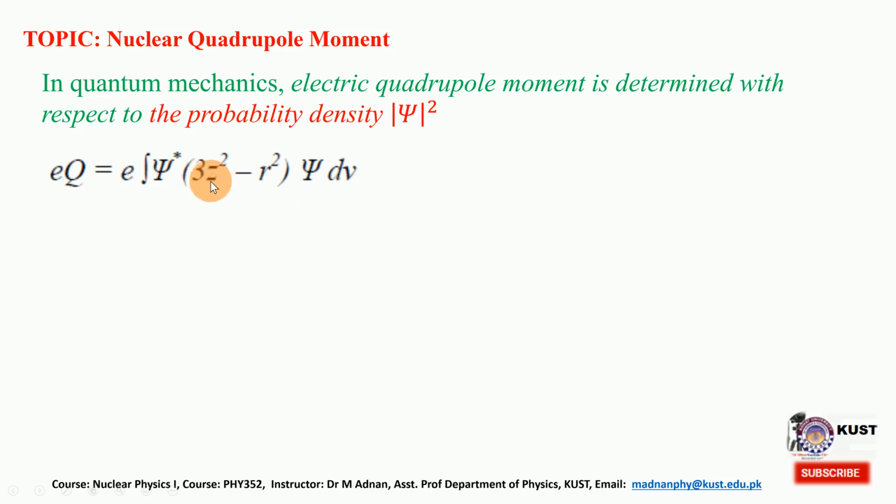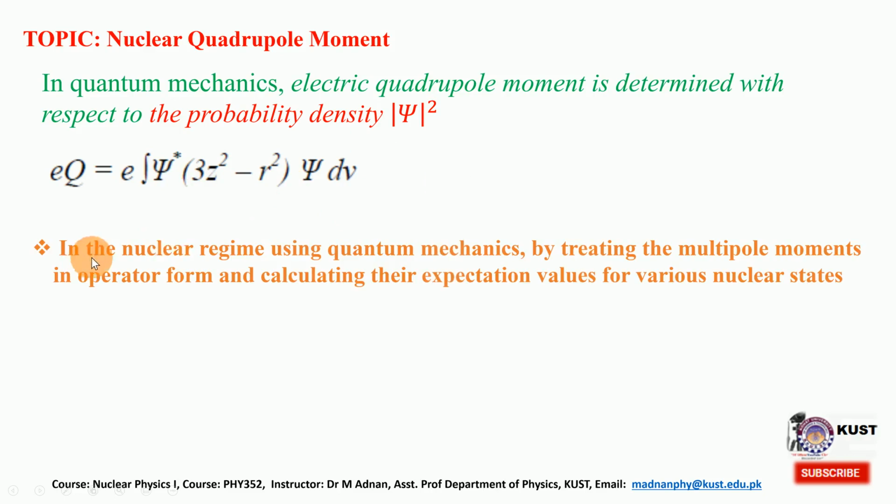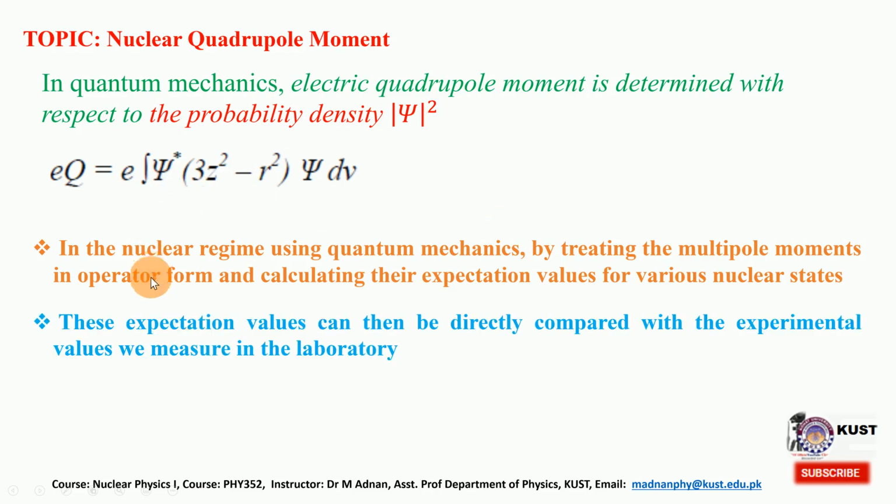This 3z square minus r square is the same expression for the quadrupole moment, and in quantum mechanics we use it in operator form, which relates to the probability density. In the nuclear regime, we treat the multipole moment 3z square minus r square in operator form, calculate its expectation values for various nuclear states, and then these expectation values can be directly compared with the experimental values we measure in the laboratory.